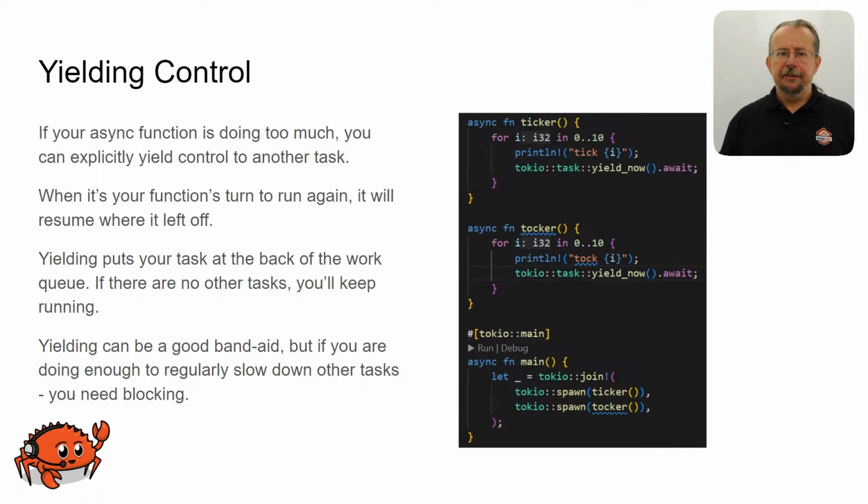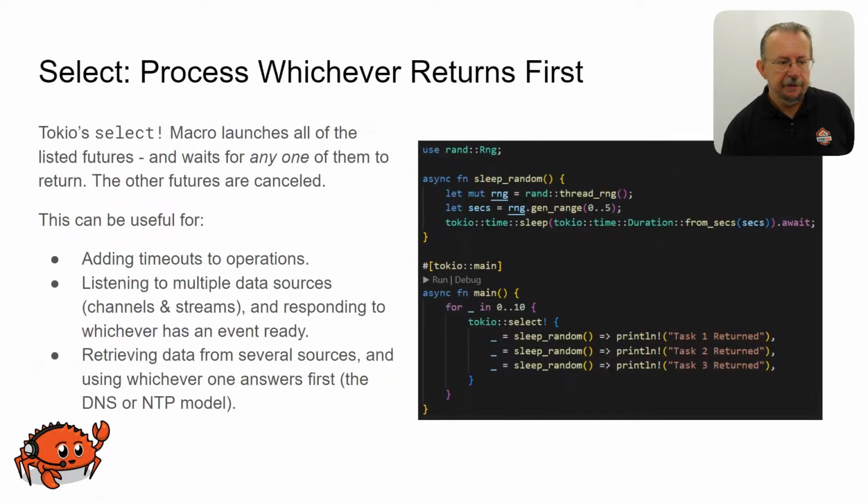If there's nothing else in the job queue, well, you go to the back of the queue, but you are the queue, so you're back at the front of the queue, you just keep going. And so yield now is a good way to break up your code if you have something that looks like it's going to keep going for too long, but it's not always the best way to do it. We'll look at blocking in just a second for how to do that.